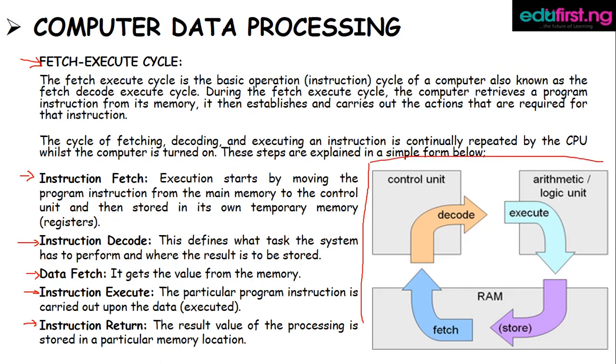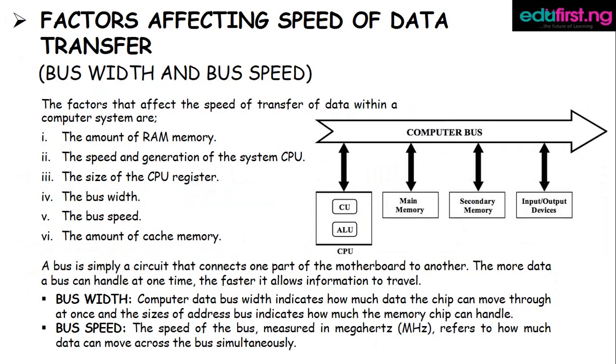So, factors affecting speed of data transfer. There are quite a number of factors that affect this transfer of data within the computer system, but we shall be focusing on the bus width and bus speed.